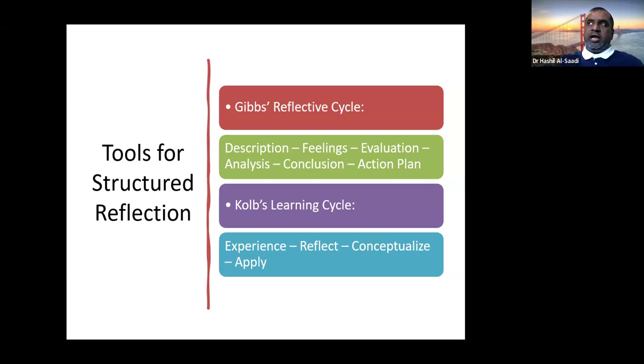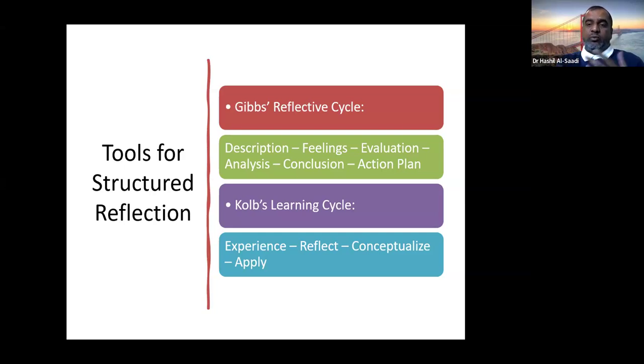And in our course, for postgraduate students in Oman, we actually use Gibbs' reflective cycle with the students. We engage them in this kind of reflection. So they first describe the situation, then they describe their feelings, how they felt about that particular situation. And then they evaluate their actions.